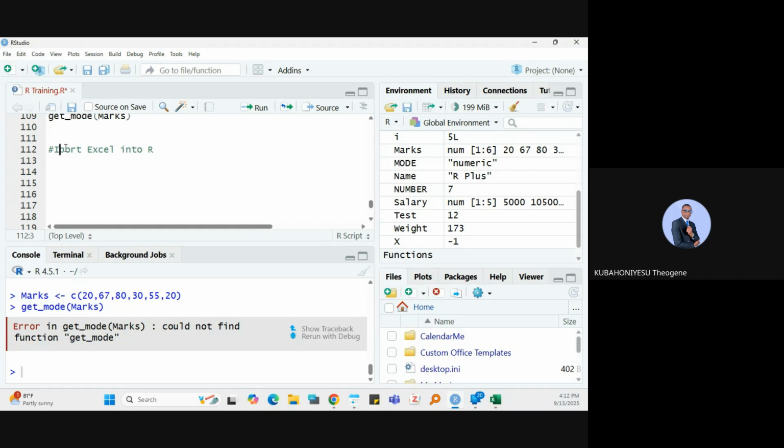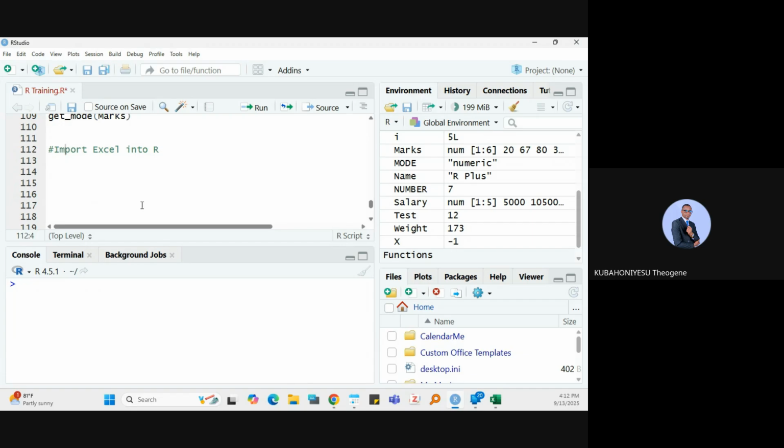Do you see the other two data sets I gave you on WhatsApp or in Google Classroom? Copy them and paste them in this folder, the folder of R. The data sets you have there. You can get them from WhatsApp or from Google Classroom.